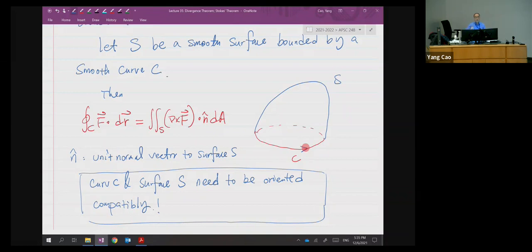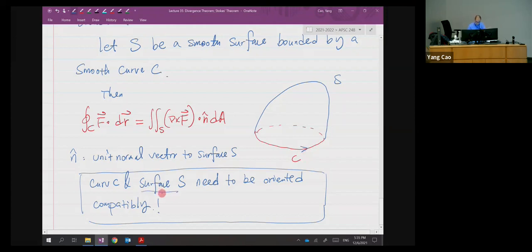That's the circulation: you could calculate the circulation counterclockwise or clockwise. So let's say I choose the curve C as counterclockwise when you look at it from the top. Now I have picked the orientation of the curve C.